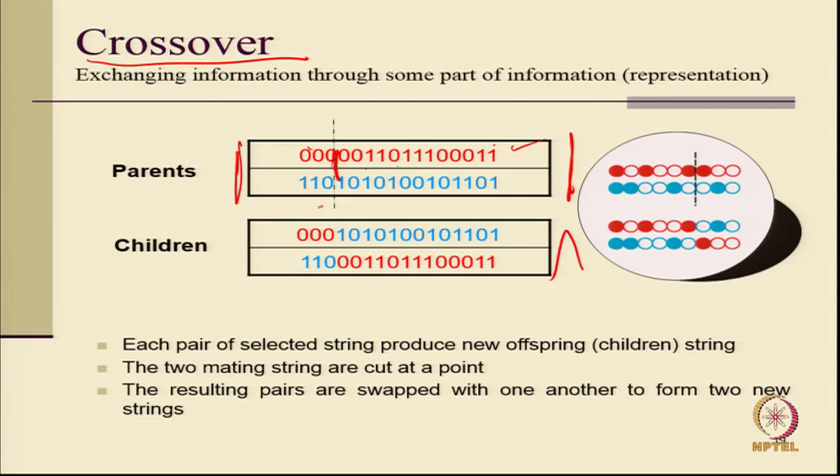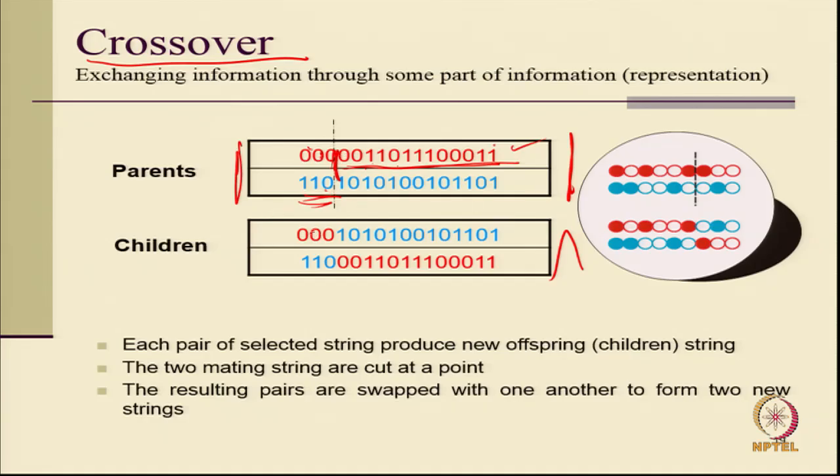So, what I do? I take these 3 strings of this one and the remaining of the other, which was 16, so 16 minus 3 is 13. Now, I make a crossover, this goes here and this goes down here.